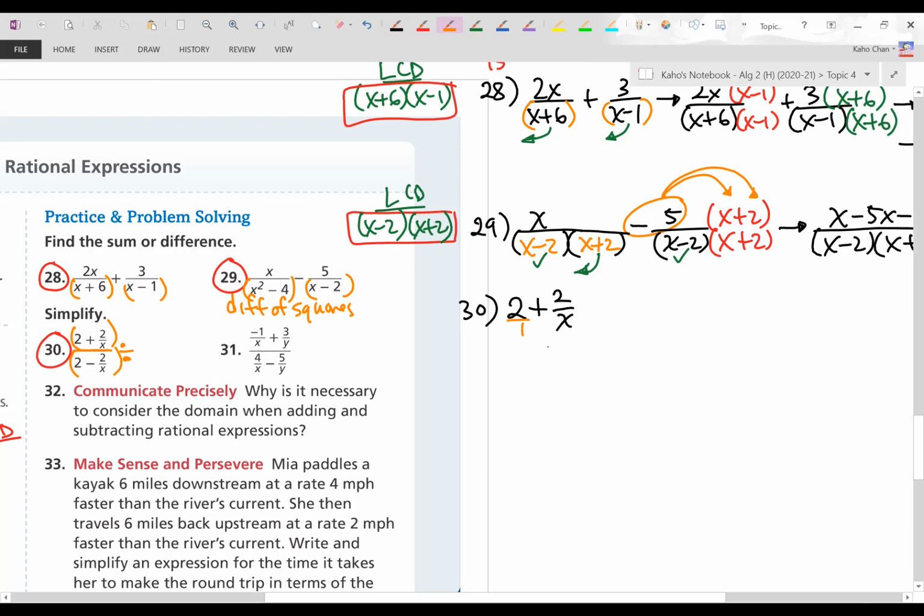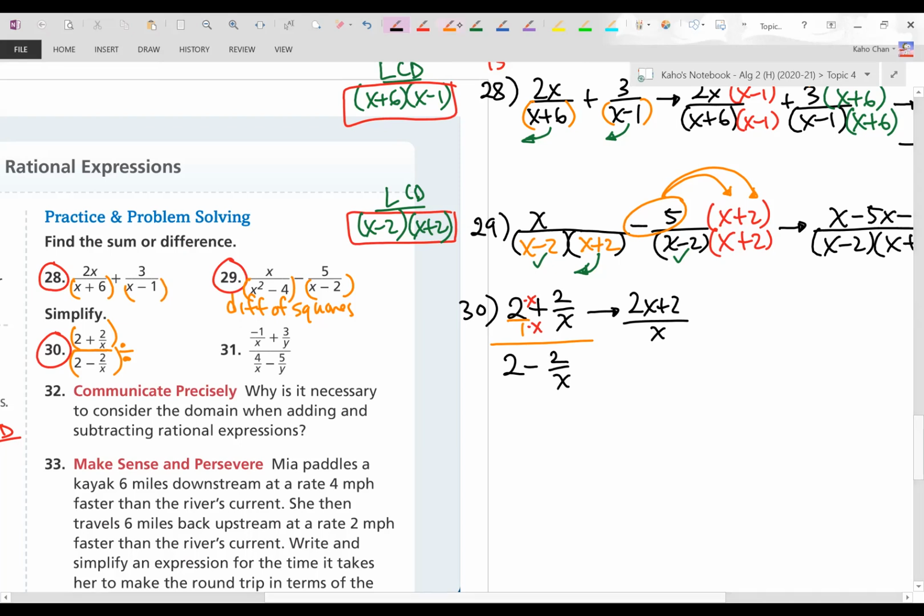Oh, my LCD is x, right? So to be able to combine those together, I need to multiply top and bottom by x right here and right here. This is now 2x plus 2 all over x, the LCD. The bottom one, let's play with that.